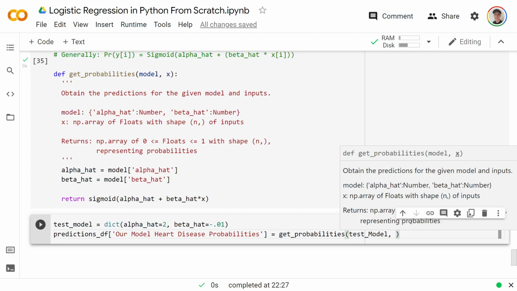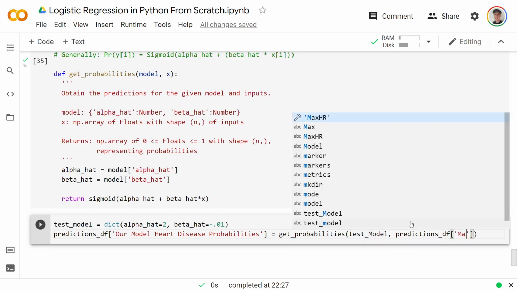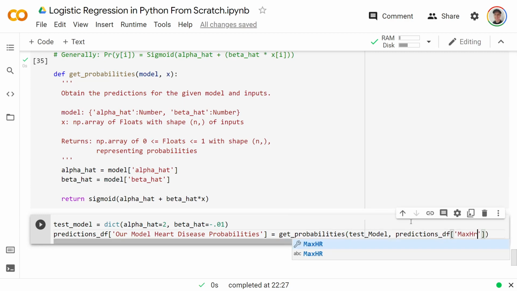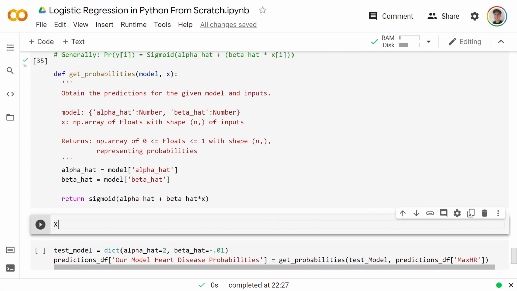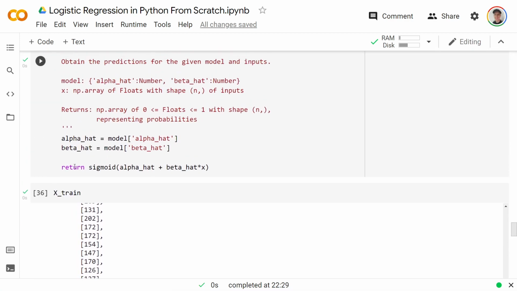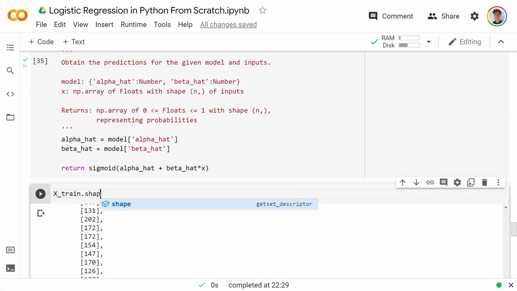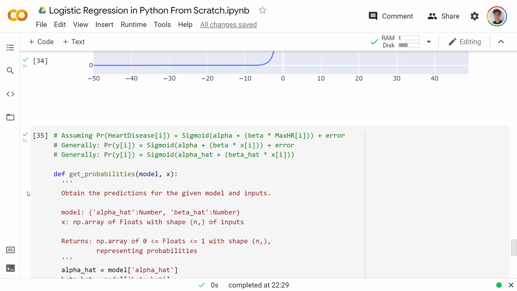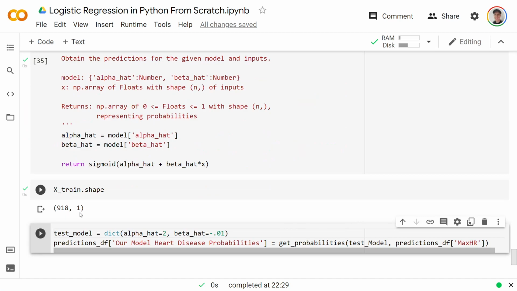Test model, and our inputs is going to be predictions df sub the max heart rate. And that's going to be in a NumPy array actually. So before we had xtrain. xtrain has the shape, this is the max heart rate. xtrain.shape was actually 918 by 1.